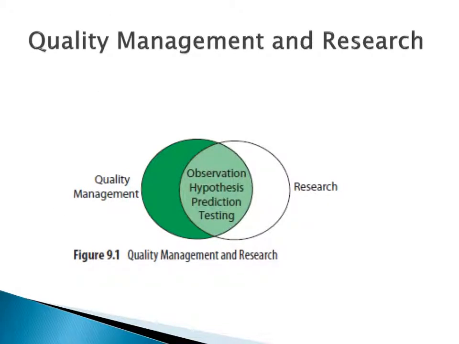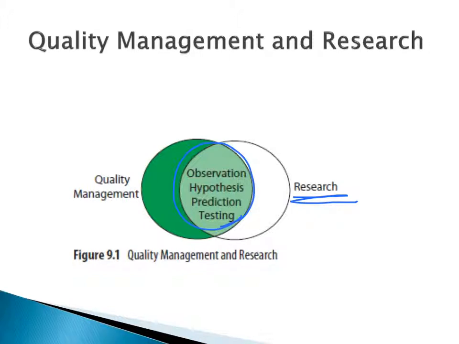Using these tools in quality management is a little bit different than research, but certainly there is an overlap. They're not mutually exclusive. In research, we're doing basic testing to expand our knowledge, and quite often we try to use a randomized controlled sample of some sort so that we can generalize to a larger population.